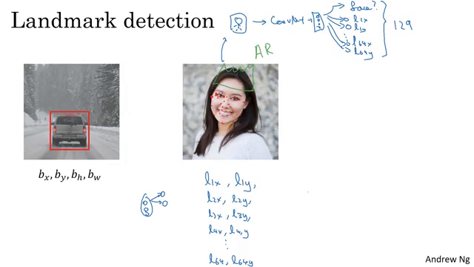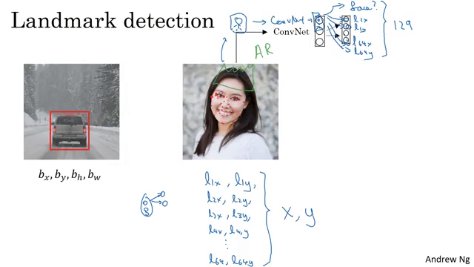Of course, in order to train a network like this, you will need a labeled training set. We have a set of images as well as labels Y, where someone will have had to go through and laboriously annotate all of these landmarks.